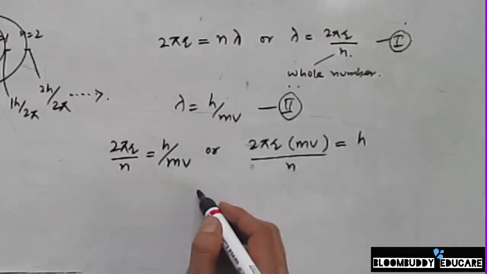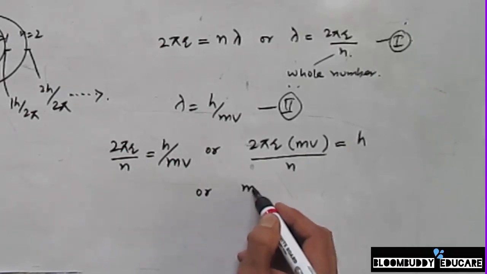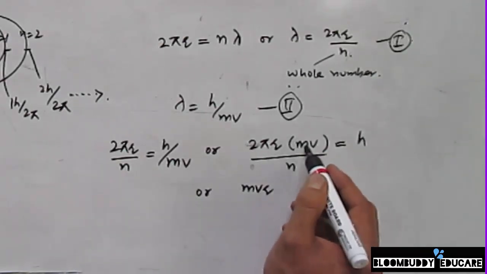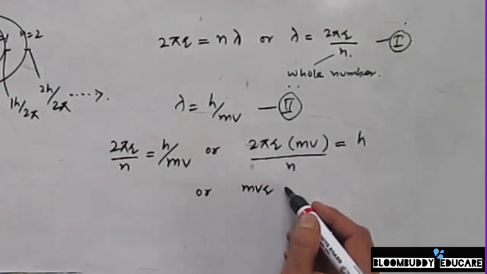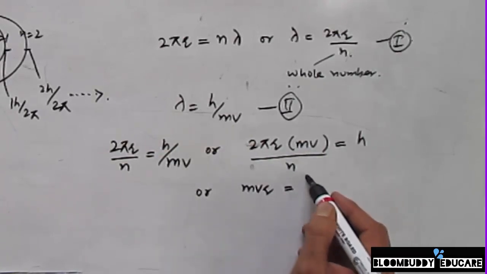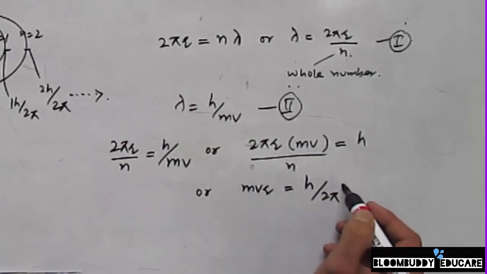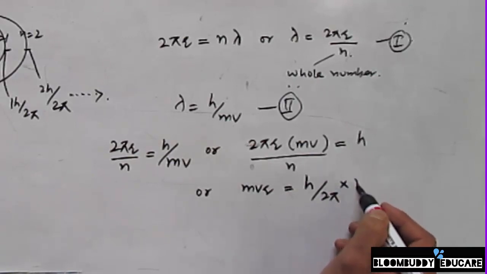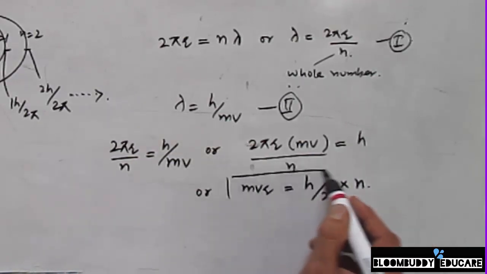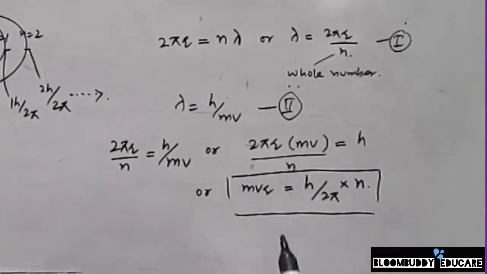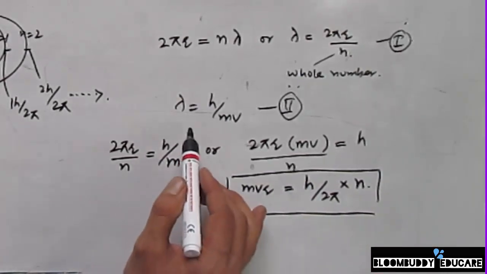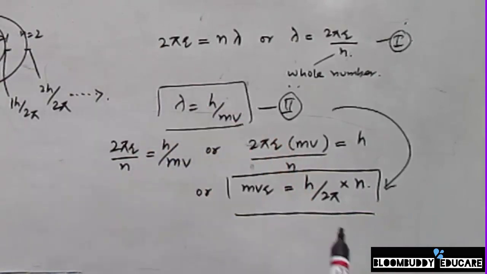Or in other words, mvr is equal to h by 2 pi multiplied by n. So this equation is actually Bohr's equation. So what we have done is used de Broglie's concept of wave nature of matter to reach the conclusion of Bohr's second postulate.